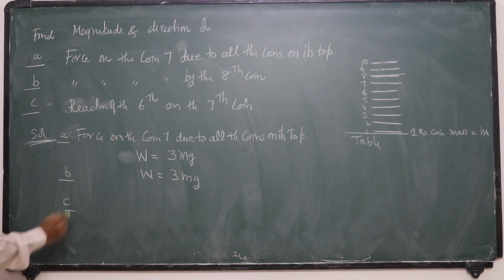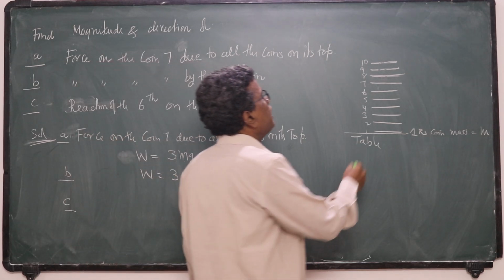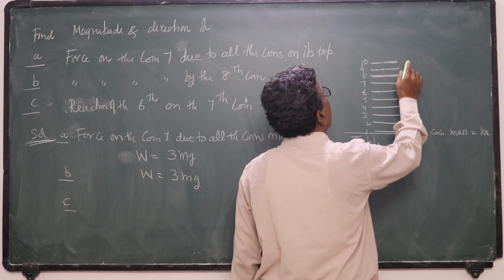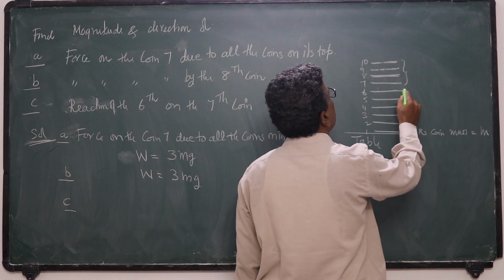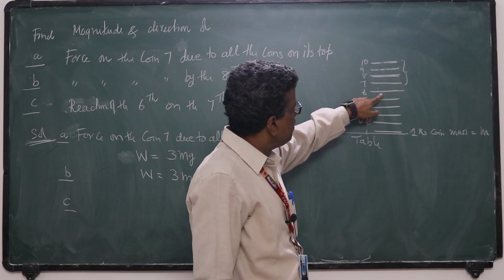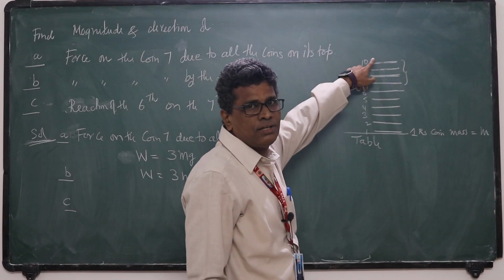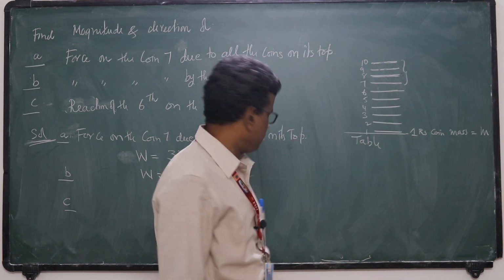C: the reaction of the 6th coin on the 7th coin. The weight of 4 coins acts on the 6th coin. That is the action. So what is the reaction of the 6th coin on the 7th coin? From Newton's third law, it is 4 mg.